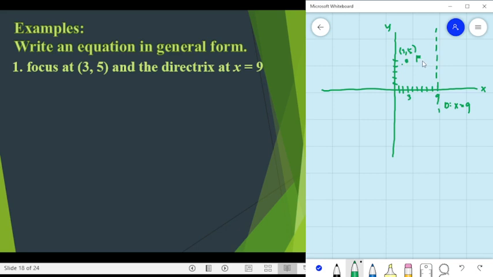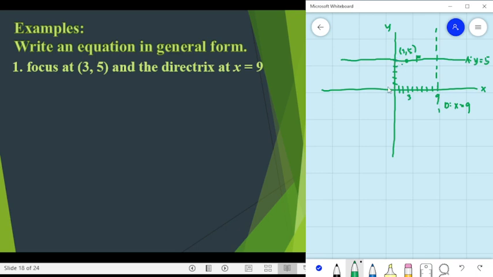Let us analyze your axis of symmetry. It passes through the focus and the vertex, so your axis of symmetry is y equals 5. Right? Because it passes through y equals 5.